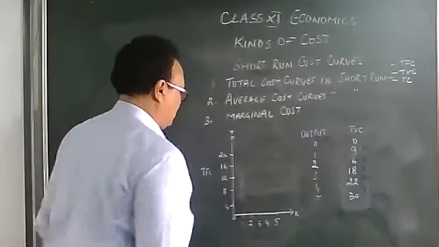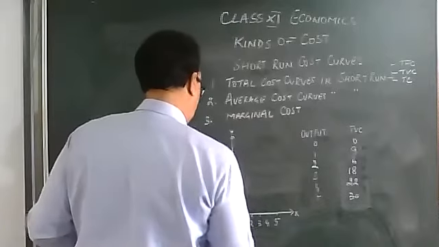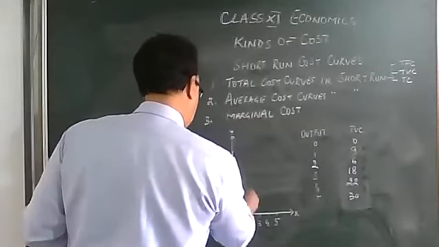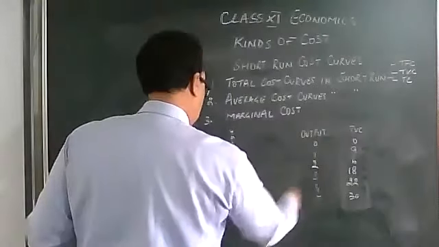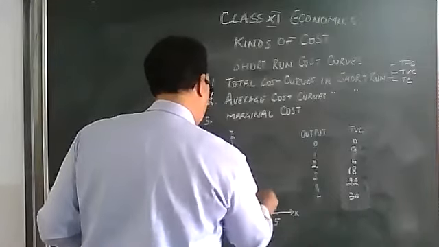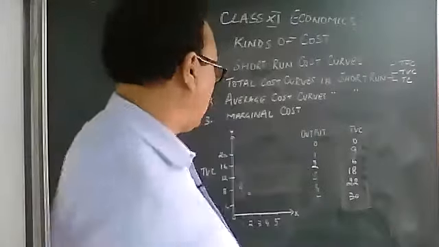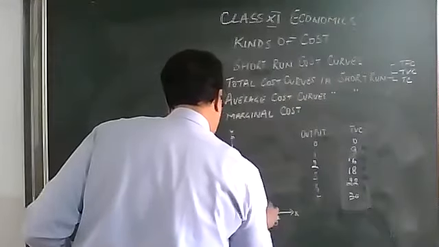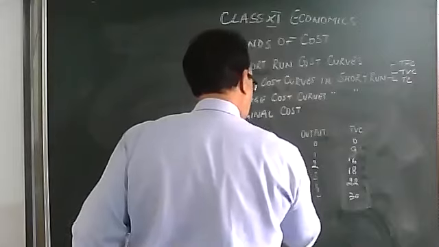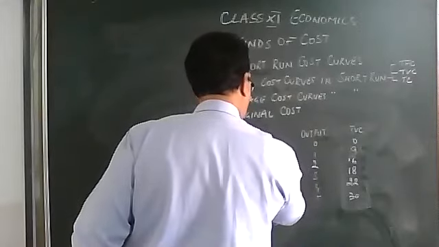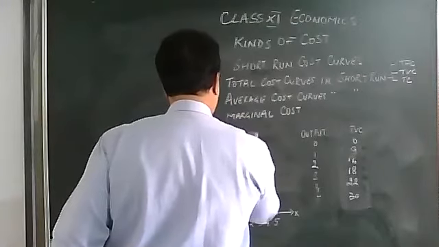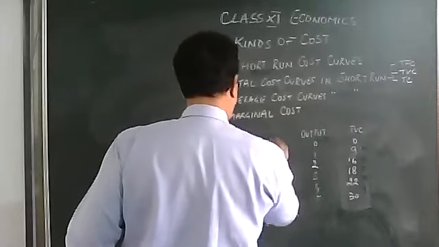Now we will see the variable cost. 0 is 0, 1 is 9, 2 is 16, 3 is 18, 4 is 22, and 5 is 30.